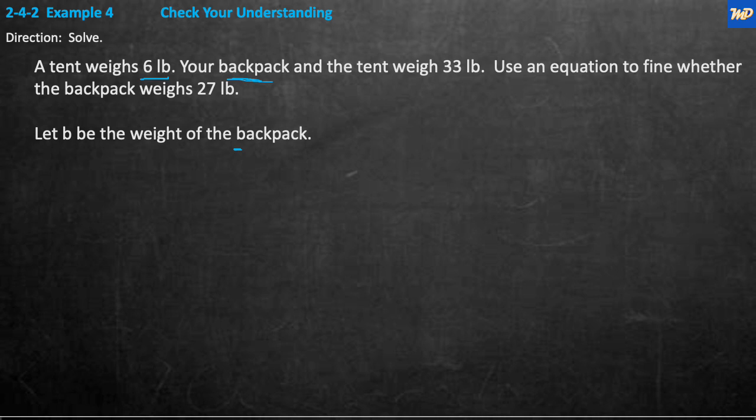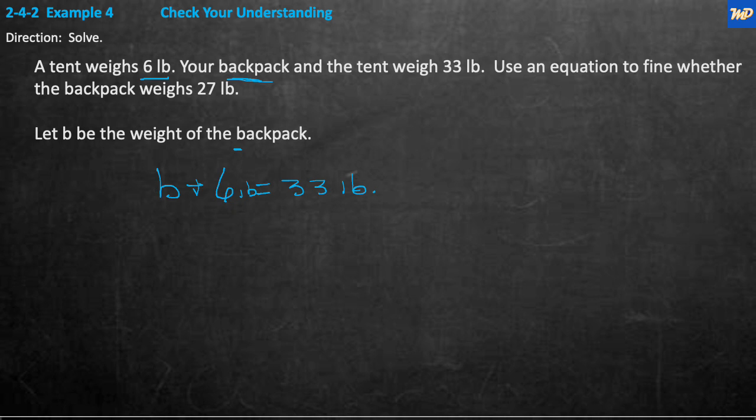We know the weight of the backpack and the tent is 33. And what we're trying to find out is B. So like before, B plus the weight of the tent, 6 pounds, is equal to 33 pounds.